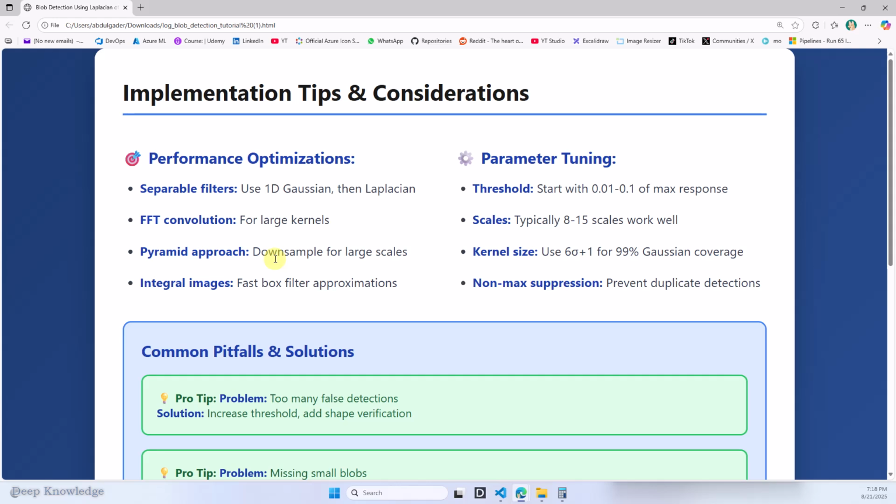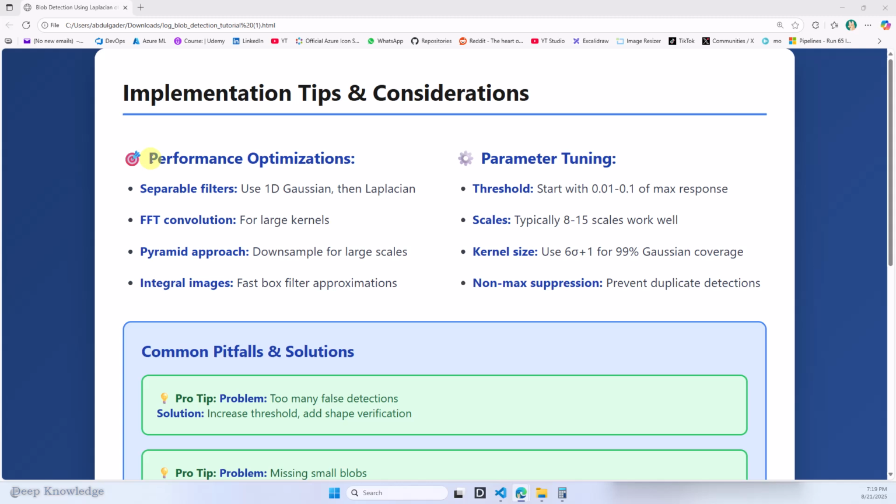This is called a false positive, or false alarm. You have to take care of the threshold. And if you are missing some blobs, you can reduce the threshold or use more scales.